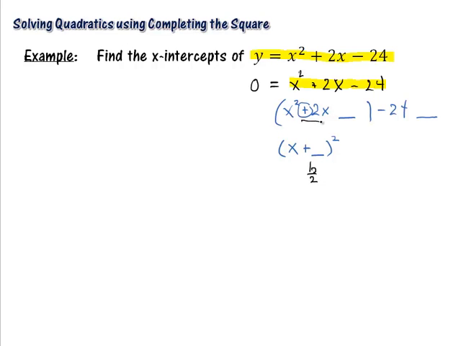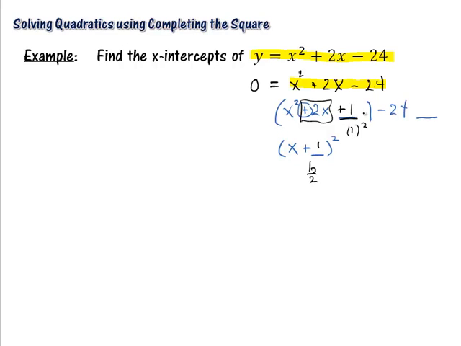The b comes from your equation, it's the x part. So if I divide 2 by 2, I get a 1 there. Right now, to fill in this blank, I take that 1 and I square it. Remember, this is the shortcut, simplified way of doing this. So what's 1 squared? It's plus 1.